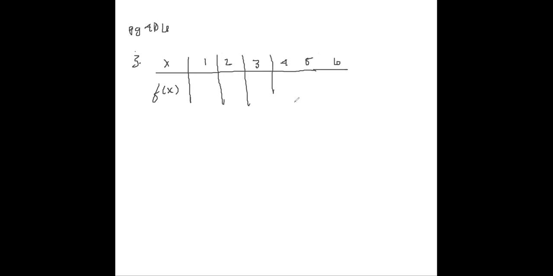We have x, and then we have the function f of x, and we have a series of values. We are tasked with determining if this is a one-to-one function or not.